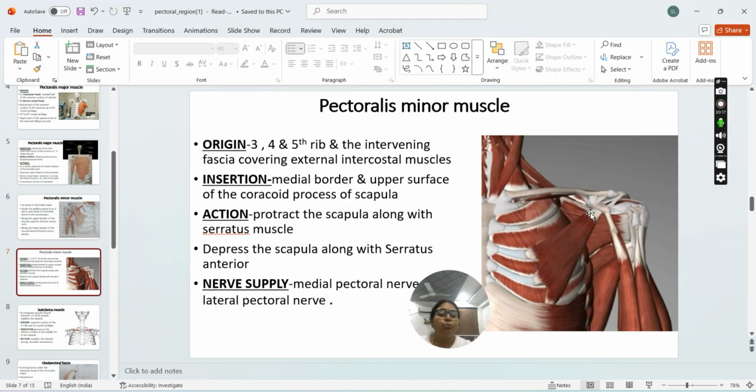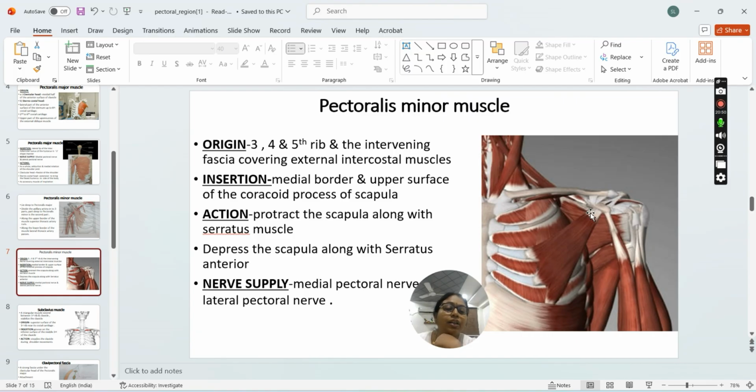So when you are pushing the hand across the wall or when you are trying to push something, you are actually dragging the scapula across over the chest wall. This action is called protraction. Dragging the scapula forward over the chest wall is called protraction.